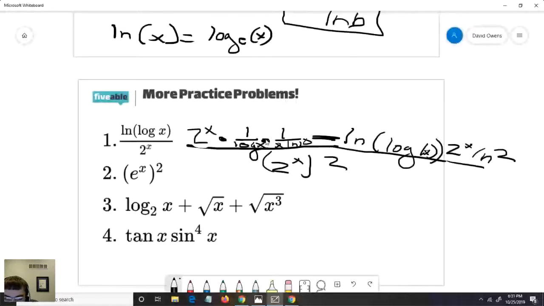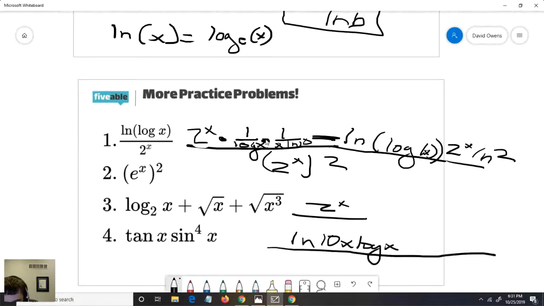all over the bottom squared. So if we're simplifying this, we're going to have 2 to the x over, multiply this together, ln 10 x log x. That's still a fraction. I need to scoot my canvas over.